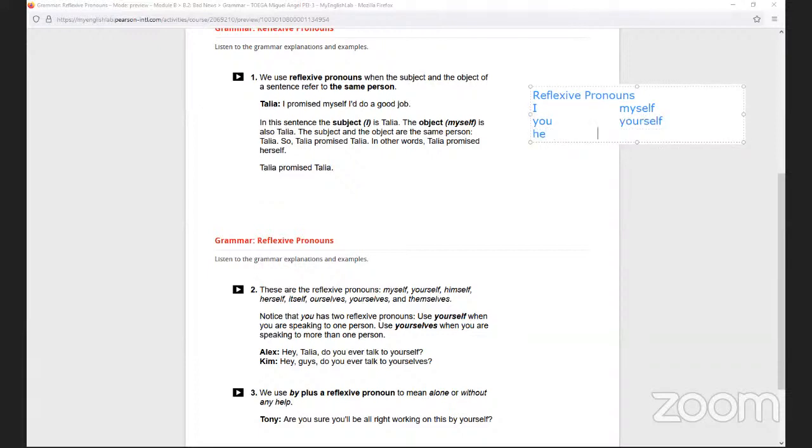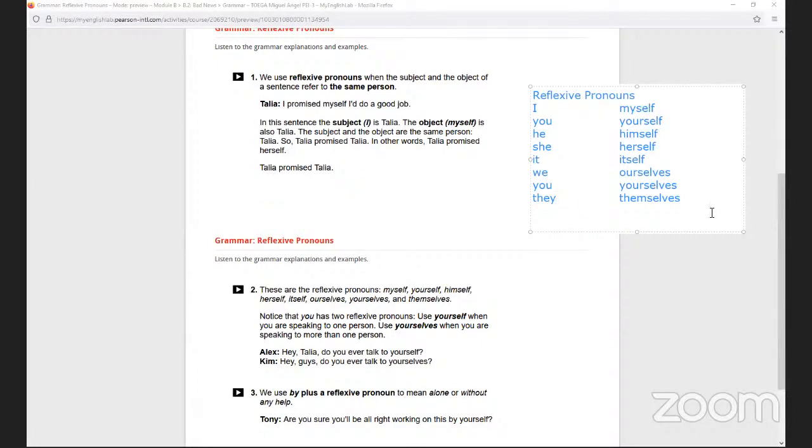About he, it is himself. About she, it is herself. It, for objects, itself. We, for plurals, ourselves. You, plural, yourselves. They, themselves. So we always use the correct reflexive pronoun for each subject.